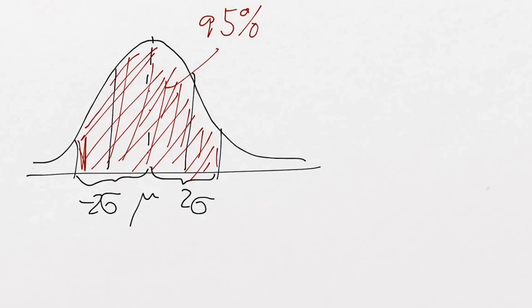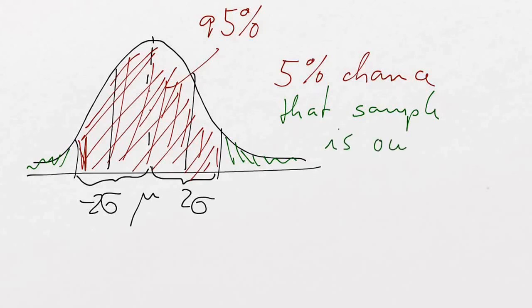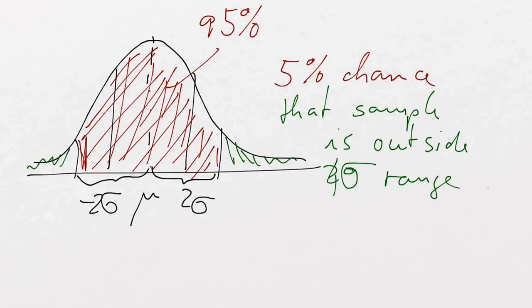So I have a 5% chance that my data are lying outside. Let's say that a sample is outside this range, outside the 4 sigma range. 5% outside.